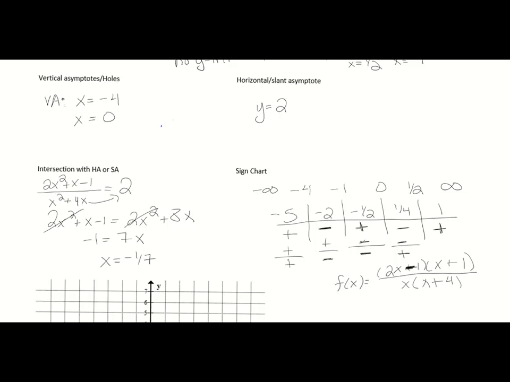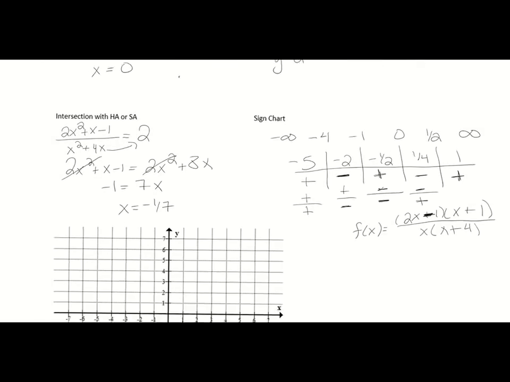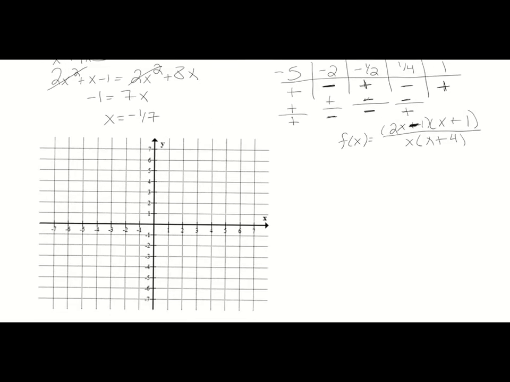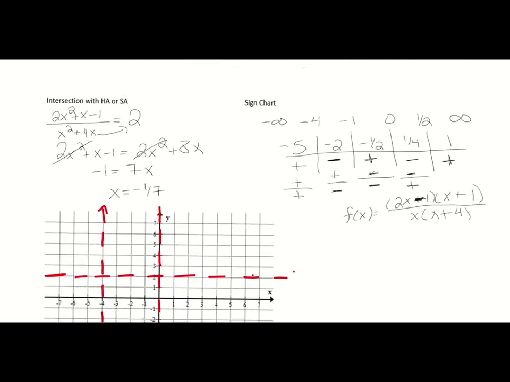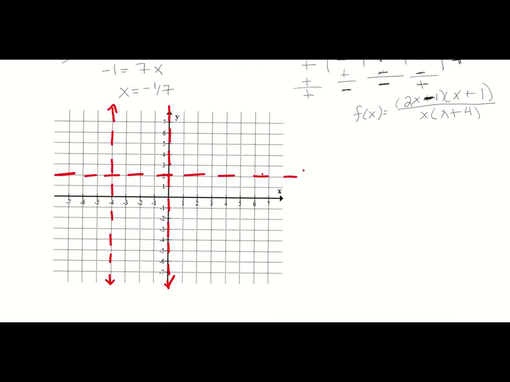And then you put all your pieces together. So first, let's draw the vertical asymptotes and the horizontal asymptote. I have one at negative 4 and one at 0, and I have a horizontal one at 2. I have x-intercepts at negative 1 and 1/2.